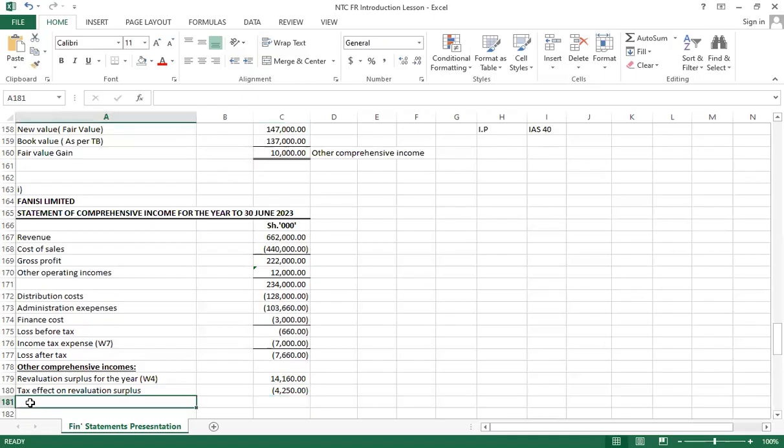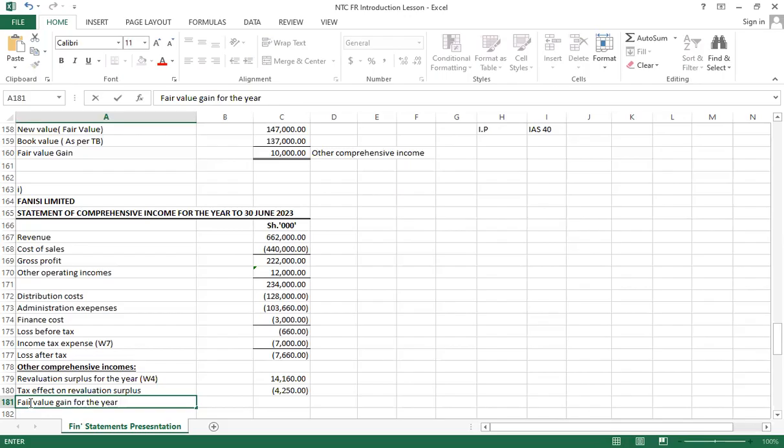The next other comprehensive income, we had the fair value gain. There was the fair value gain on investment for the year. Let me just call it the fair value gain for the year.